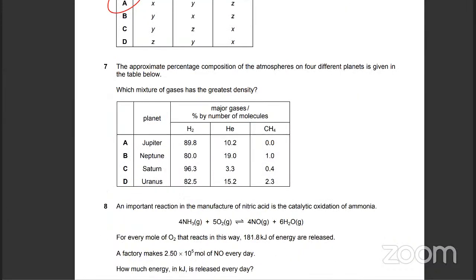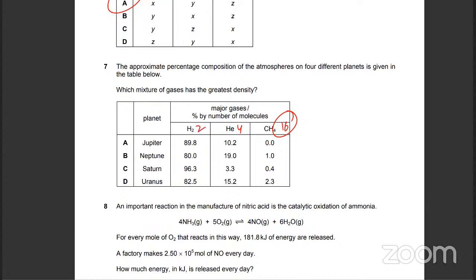Then the percentage mass of 4 different planets is given, which gas has the greatest density. So we have to find the average. CH4 has a mass of 16. Helium has a mass of 4. Hydrogen gas has a mass of 2.